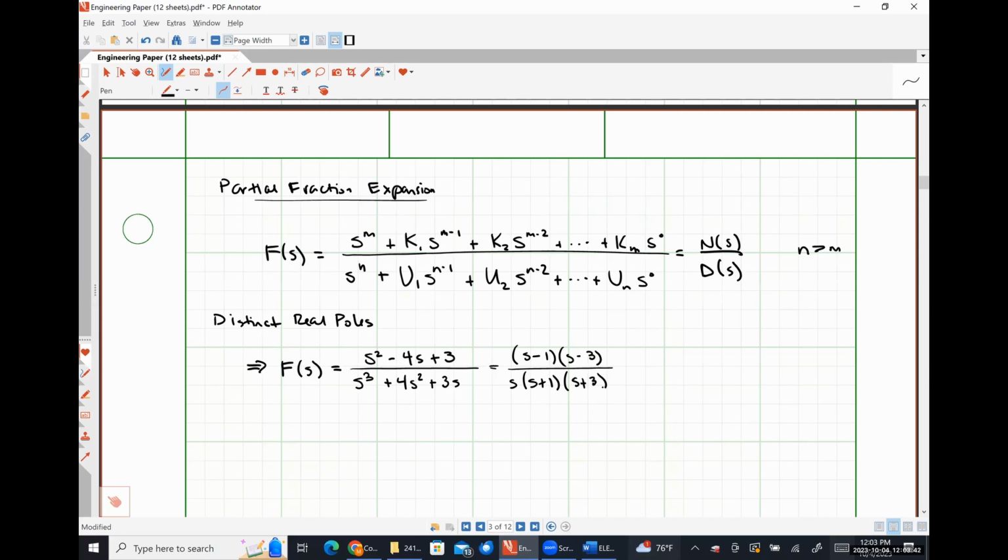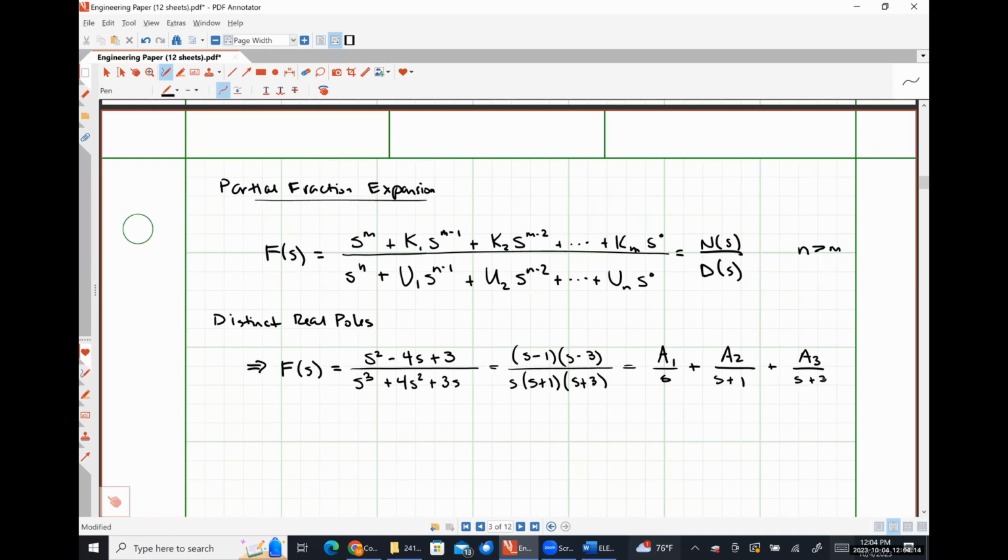Do any of these terms in the numerator cancel with any of these terms in the denominator? Unfortunately, no. So that means that what we are going to have to do here is we're going to have some number a1 divided by s plus some number a2 divided by s plus 1 plus some number a3 divided by s plus 3.